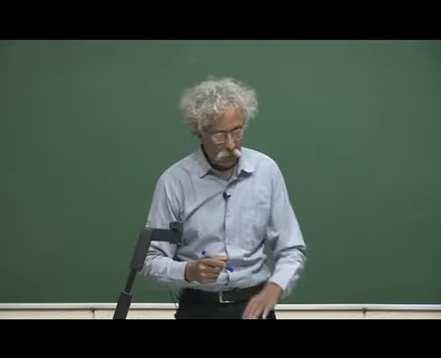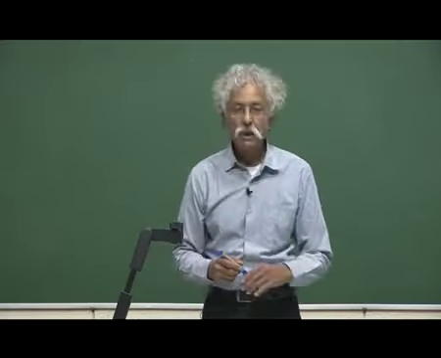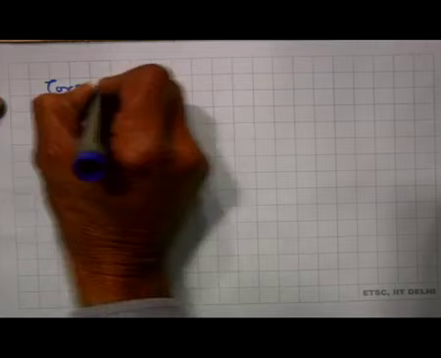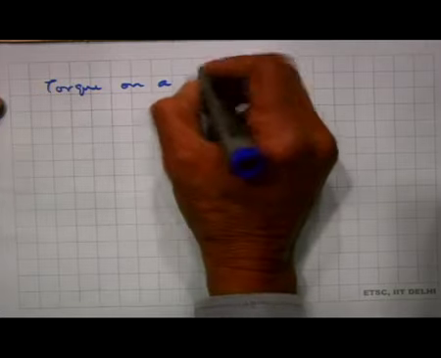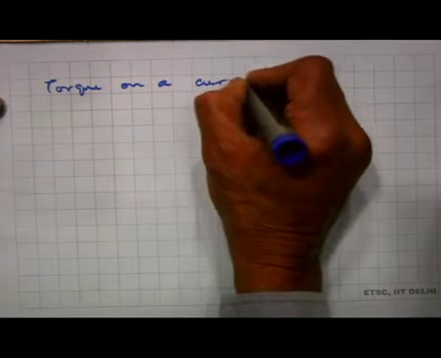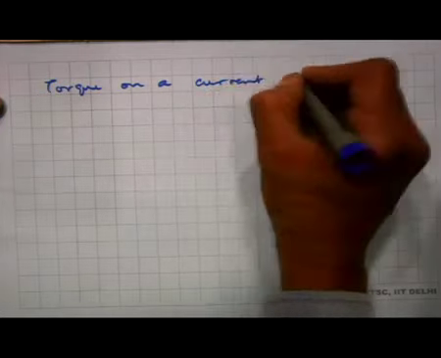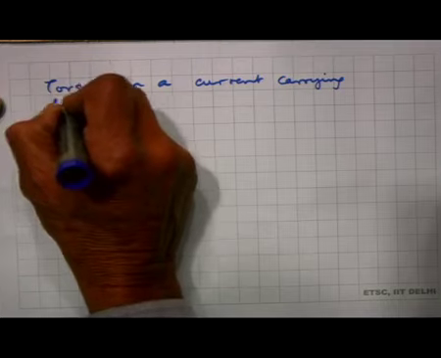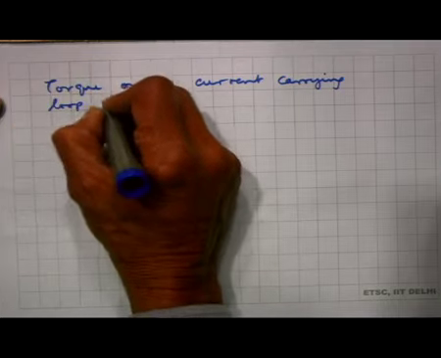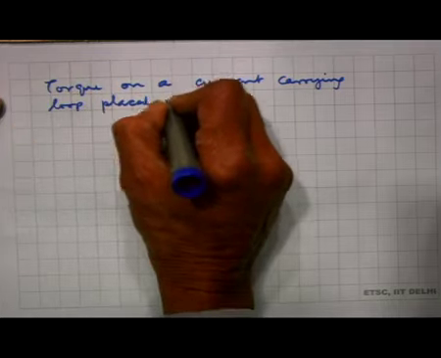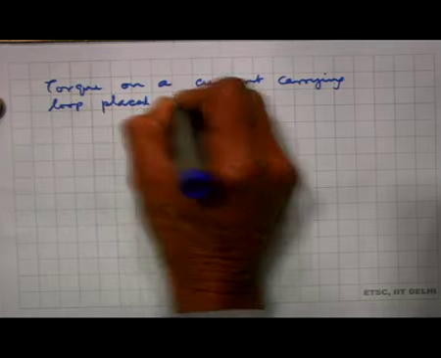Now, I want to have an application of this to the calculation of a torque on a current carrying loop. Torque on a current carrying loop placed in a uniform magnetic field.